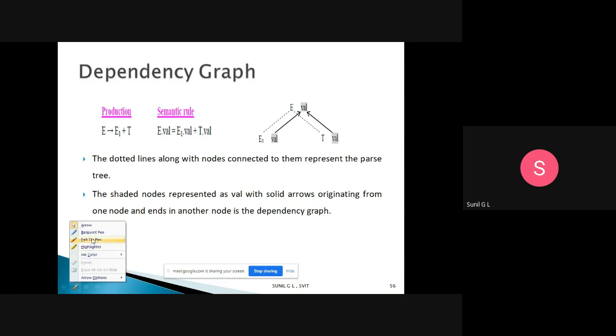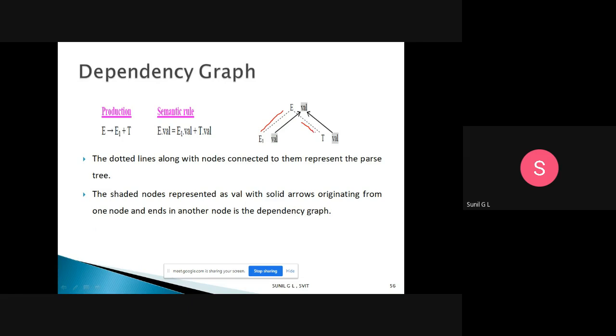This is the semantic rule. Now in an annotated parse tree, the dotted lines show the annotated parse tree. So this is the annotated parse tree.